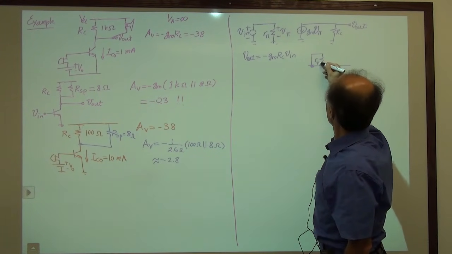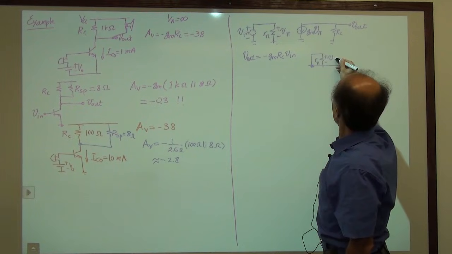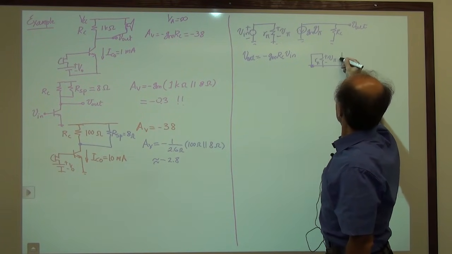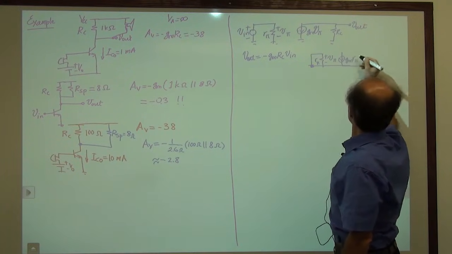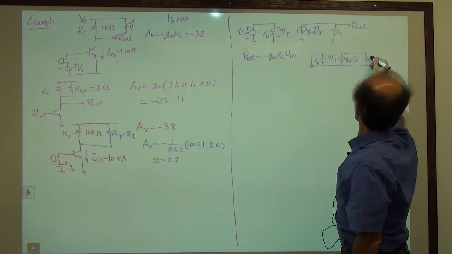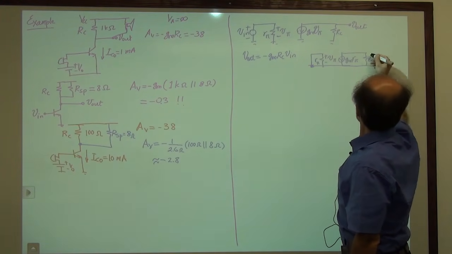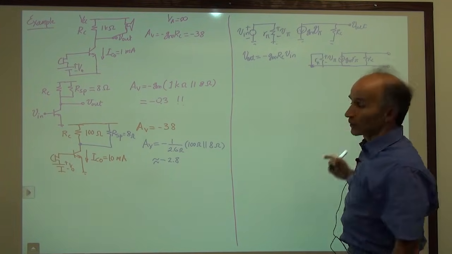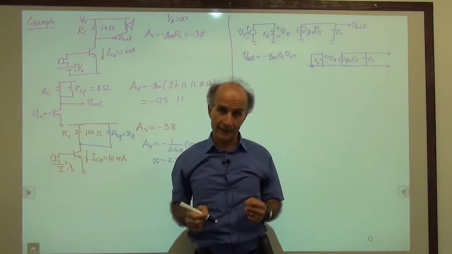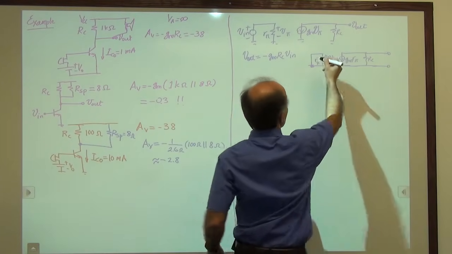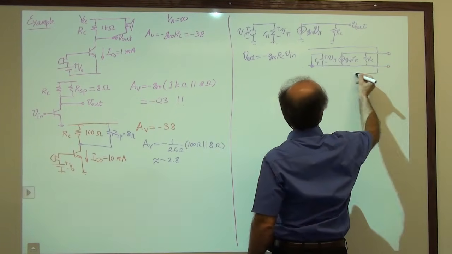r pi, v pi, gm v pi, Rc, and I am interested in the resistance between these two terminals. That is what we call the Thevenin resistance. So in a sense, we put all of this in a box.